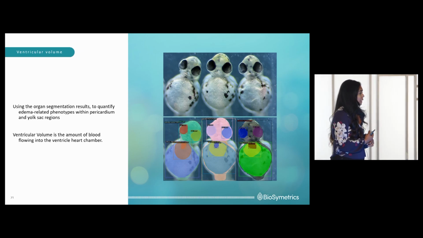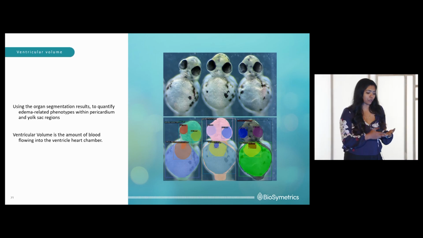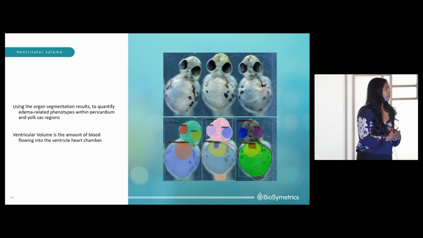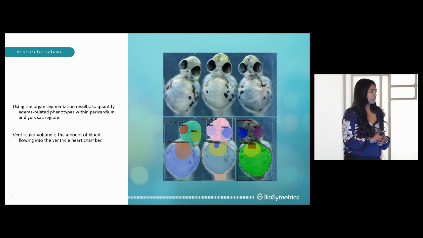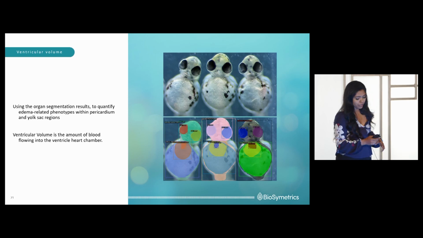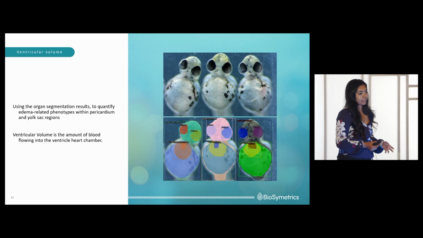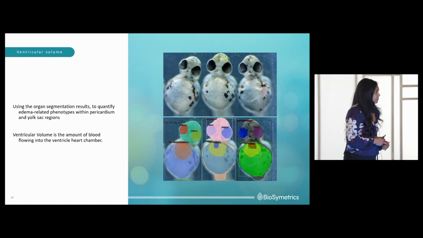And that's where we take a look at the organ segmentation results, look at the overall zebrafish or the body or the yolk sac, and we can point out these morphological changes. There is some blood pooling in the last zebrafish. You can see a little bit of red on the end over there, and that again is reported out as a metric.